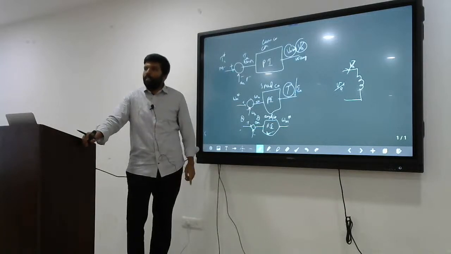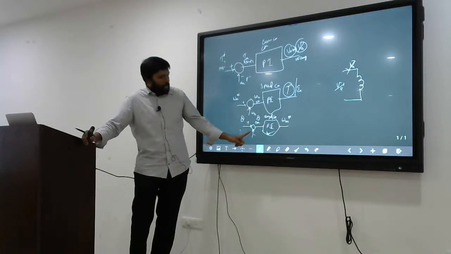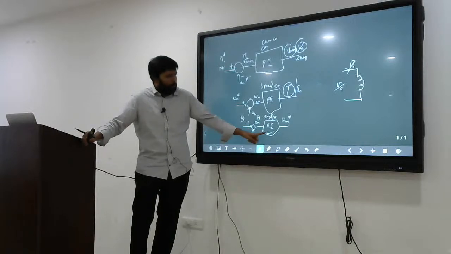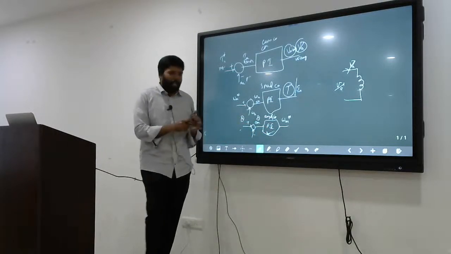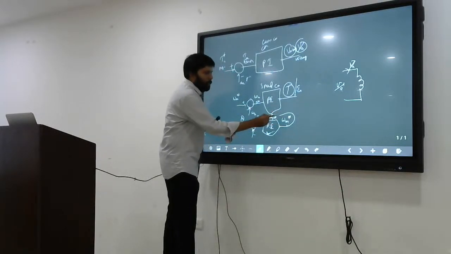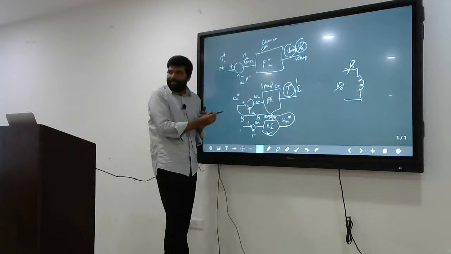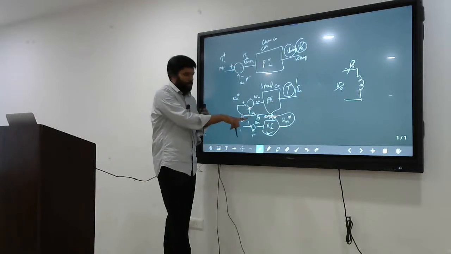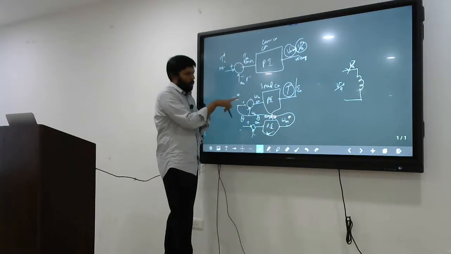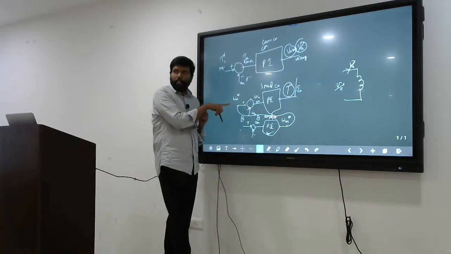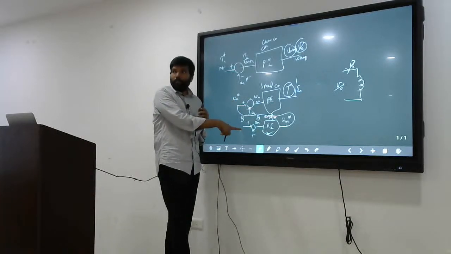But the problem is here, if you take the position controller, the expected output from the position controller is reference speed. What is the reference value of the operating speed will be decided by the position controller.